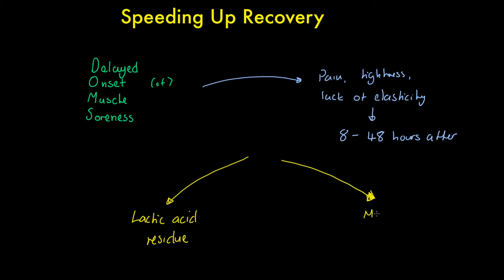But the other point, and I think this is far more relevant, is the idea of micro tears. Micro tears in the muscle fibers, usually at the insertion end of a muscle, cause a process of inflammation, the inflammatory response, and that causes the body to send large amounts of nutrients to that site, which causes the inflammation, which can then cause the stiffness and the pain.